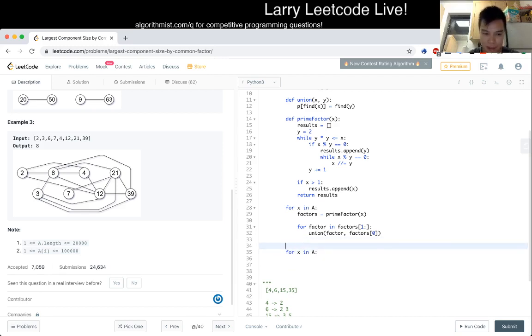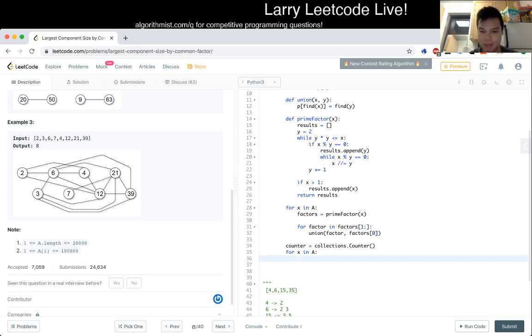C is equal to collections.defaultdict of int. I guess actually I'll use collections.Counter, and then for x and a, we increment the find of the first factor. As long as you take any factor, it doesn't really matter.